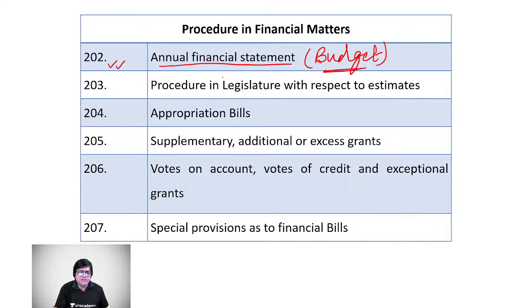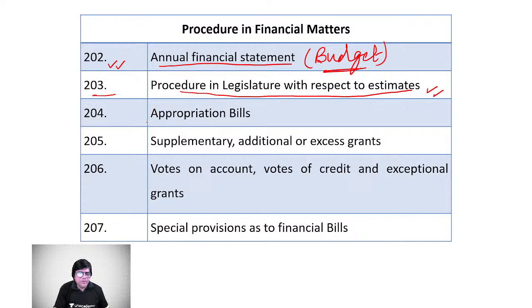And annual financial statement, just like Article 112 is there for Parliament, here 202 is there for the state legislatures. And Article 203 talks about procedure in legislature with respect to estimates. Various ministries are preparing their estimates, and these estimates are eventually presented in the legislature in the form of demands for grants, which are then passed by the Legislative Assembly.